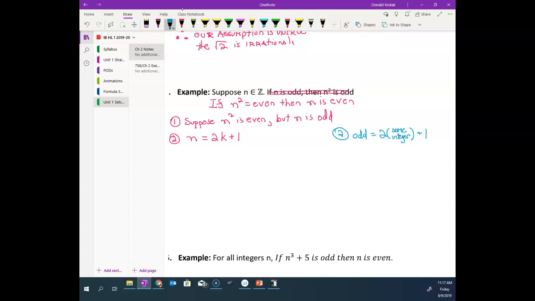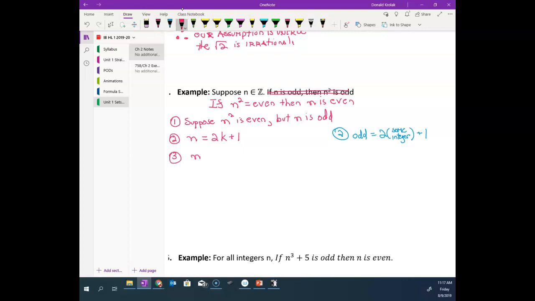So we're saying that if n is odd, we're going to create some sort of contradiction in our statement. So what do you think you would try? What would be the next thing you'd approach? Okay, so let's see what happens when we get n squared.